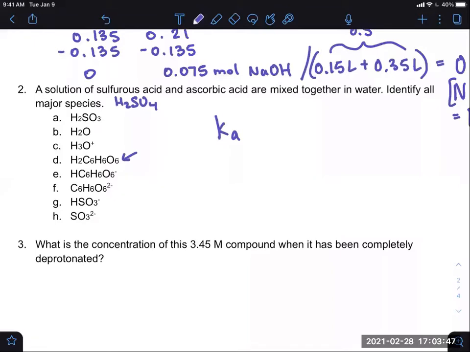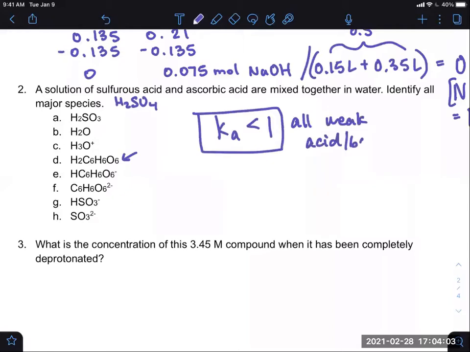Regardless, if your Ka is less than 1, its product is not going to be a major species, right? So if the Ka is less than 1, which is the case for all weak acids and bases, then the starting material will stay in solution.